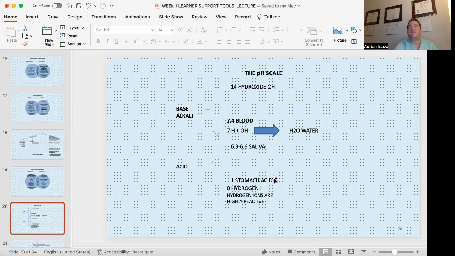But it's such a strong acid that once it reaches the small intestine, our body also makes bicarbonate, right? Sodium bicarbonate would be considered alkaline, whereas the hydrochloric acid is considered acidic. So the acidity is only in the stomach. Once it leaves the stomach and goes into the small intestine, the duodenum, it gets neutralized by bicarbonate.